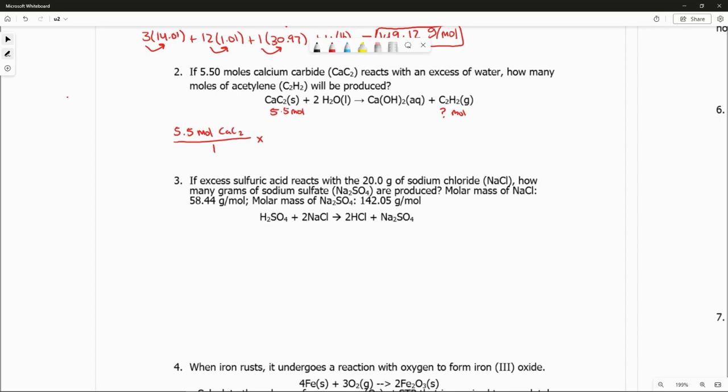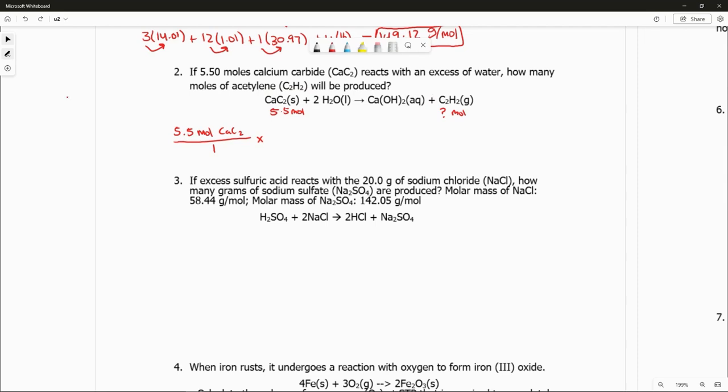And this is the part that's special for stoichiometry. We have to use conversion factors. On our equation, for every 1 mole of CaC2, there's an imaginary 1 in front. For every 1 mole of CaC2, there's 1 mole of C2H2, so there's also an invisible 1 there.